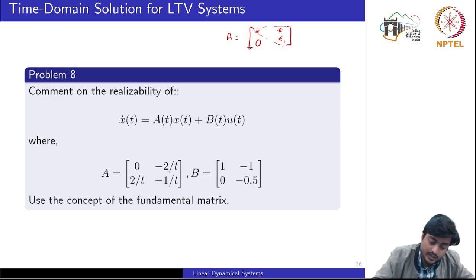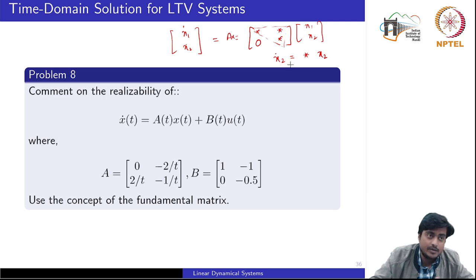Why do we do this? So that if we have the state variables x1 dot, x2 dot equal to this one times x1 and x2, we should be able to write that x2 dot is some element times x2. It automatically becomes a decoupled system, at least the second state is decoupled, and we can solve it separately.